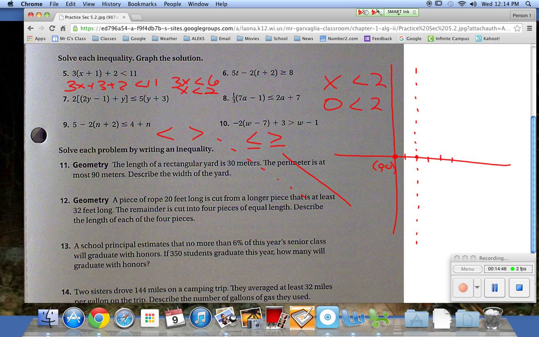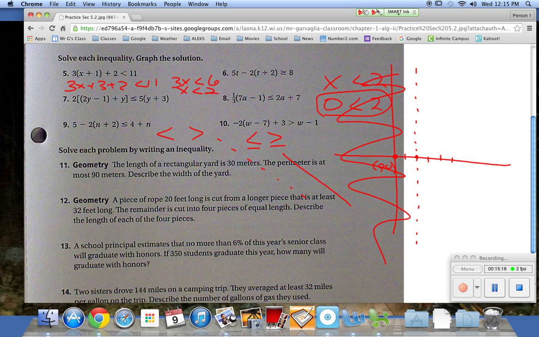If that's not true, then it's the other side. So in this case here, it is true and 0, 0 is on this side of that line, so we shade over here. Do you see that? If I put 0 in for x here, this statement remains true. That means where my x is 0 is going to be the side we shade on.